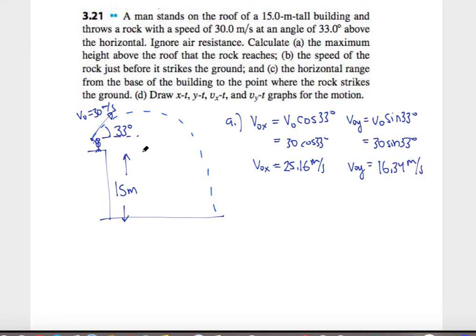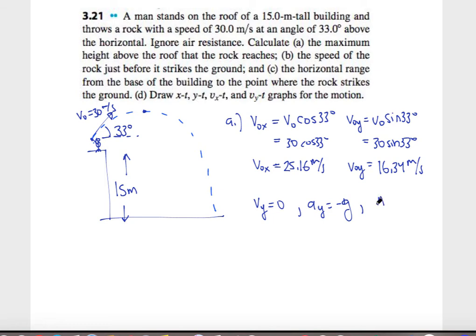And so I want to find the maximum height, and I want to do that by recognizing at the highest point, Vy is going to be 0. So I'm actually going to use the third kinematic equation for this situation. So I have Vy, I have V naught y. I also know Ay, which is negative g, or negative 10.